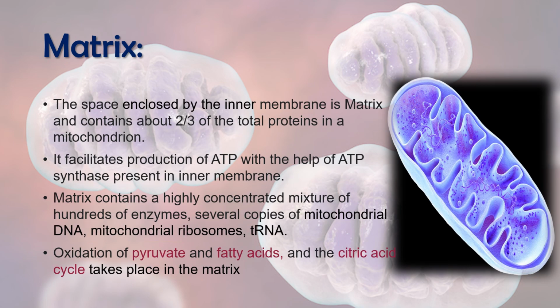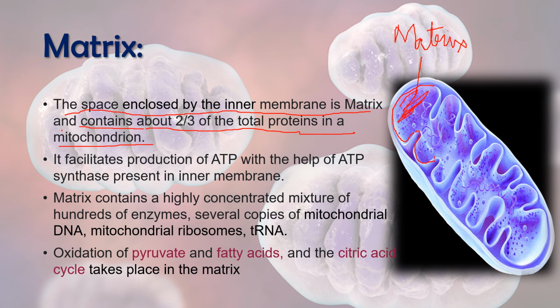The last part of the mitochondrial structure is the matrix. The space enclosed by the inner membrane is known as the matrix, and it contains about two-thirds of the total proteins in a mitochondrion. So if this is our inner membrane, this particular space is known as the matrix, and it contains lots of proteins.